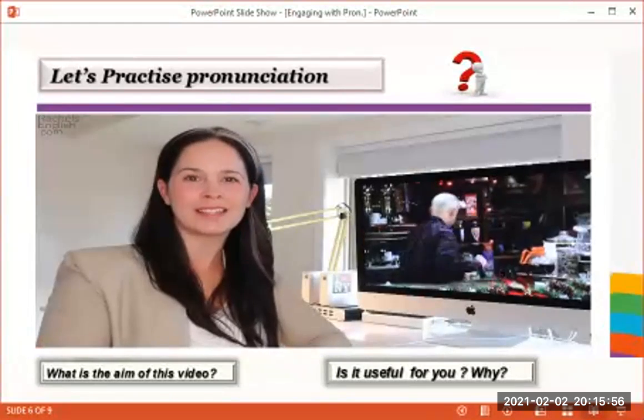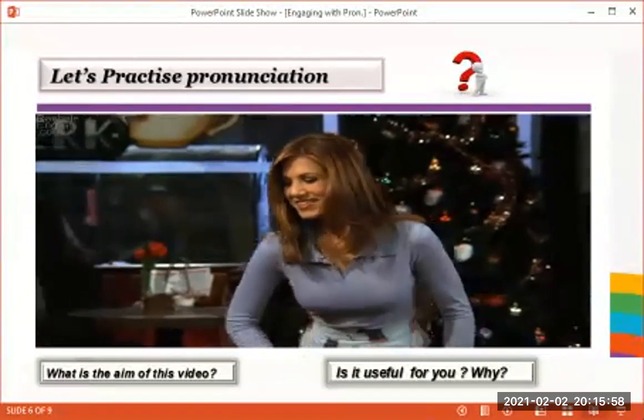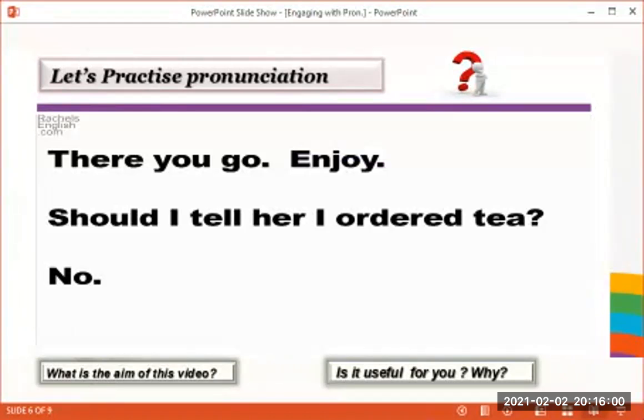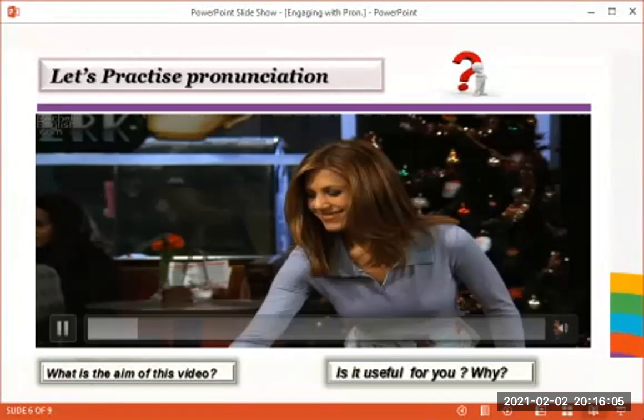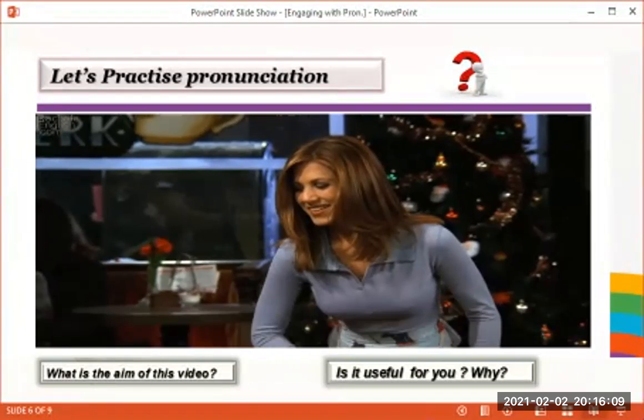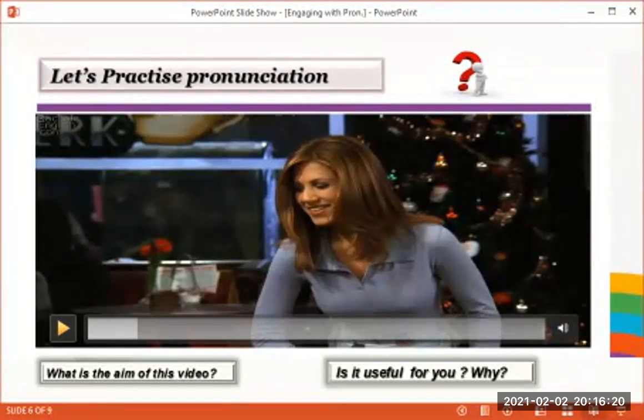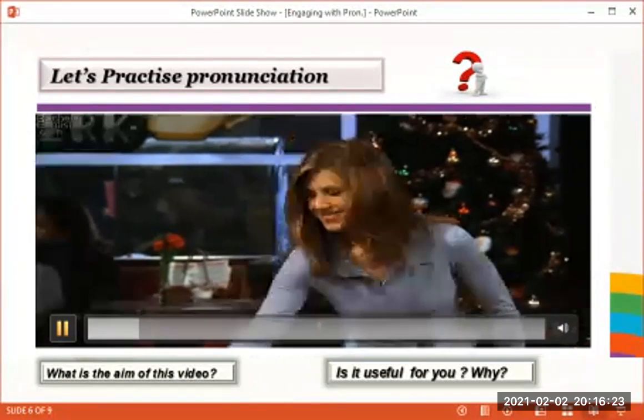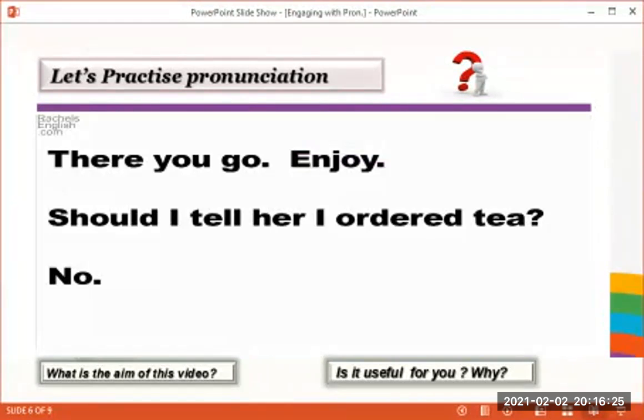And now let's do the analysis together. There you go. Okay, our first thought group here is 3 words long. What's the most stressed word? Please listen carefully to how to explain the stress and try to use your tongue and your mouth. There you go.